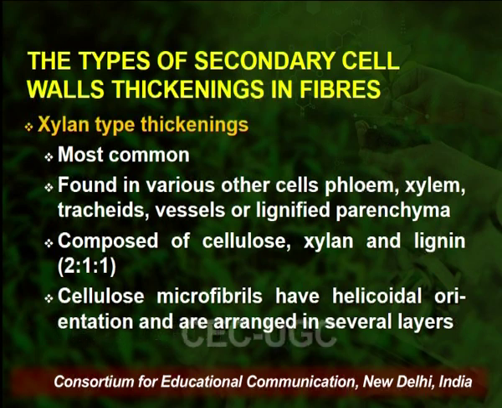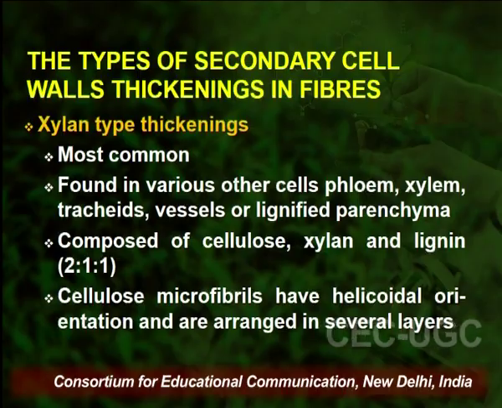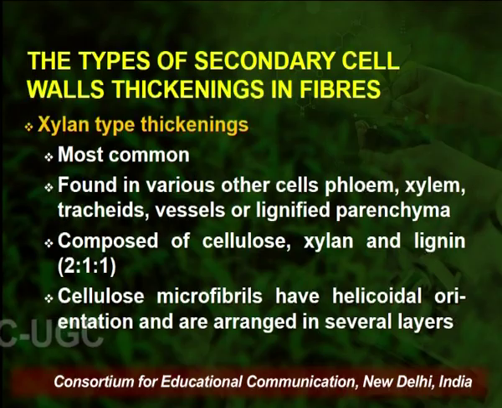Now, xylem thickenings are predominantly composed of cellulose, which constitutes around 50% of the overall thickenings of the fiber. Apart from cellulose, these thickenings are also composed of xylan and lignin, which constitute around 25% each in the overall fiber composition.